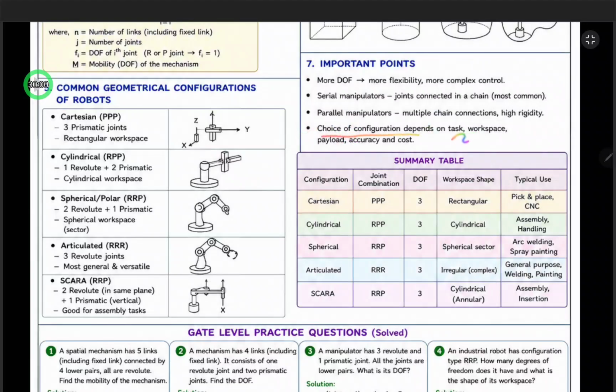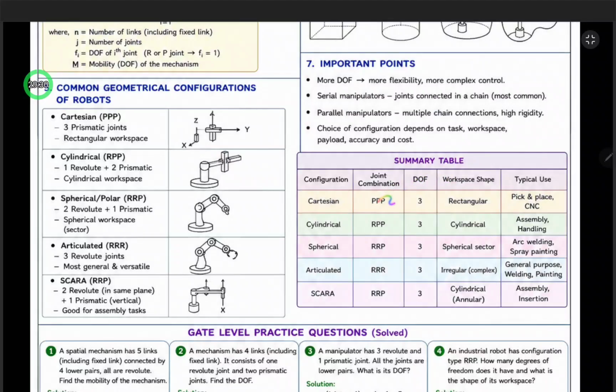The choice of configuration depends on task, workspace, payload, accuracy and cost. So we need to take care of these things, cost also, if we use this type of robot in our industry. In summary, you can see again Cartesian, cylindrical, spherical, articulated and SCARA. These are the types of geometrical robots.